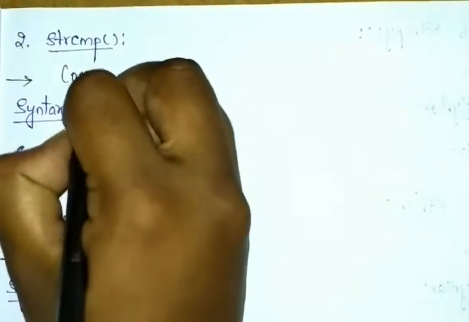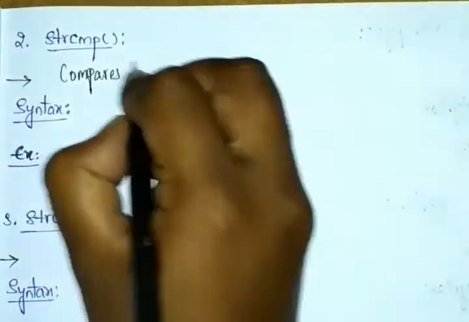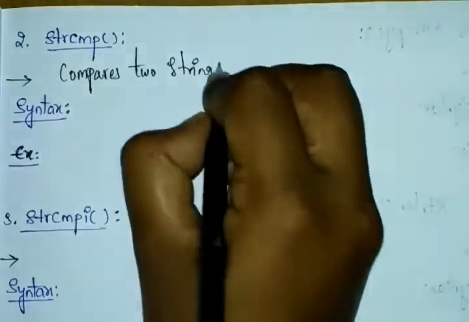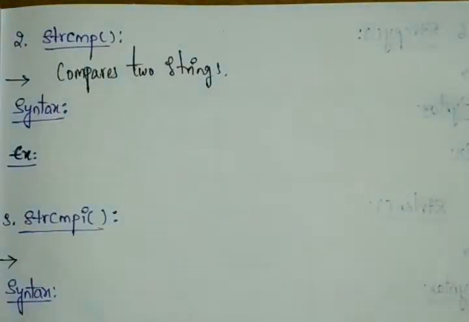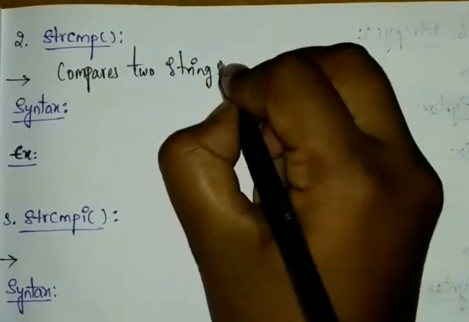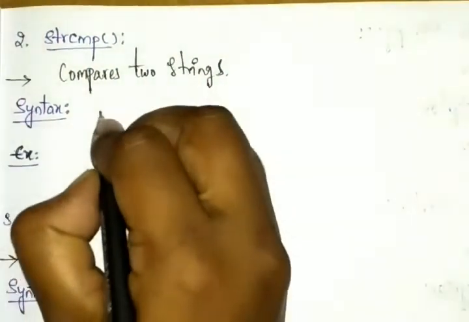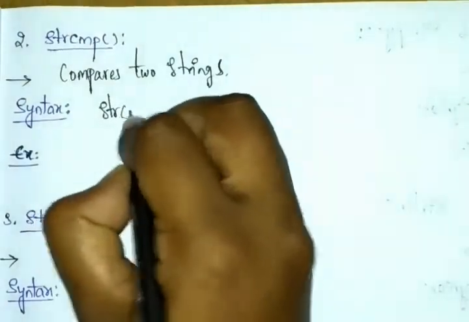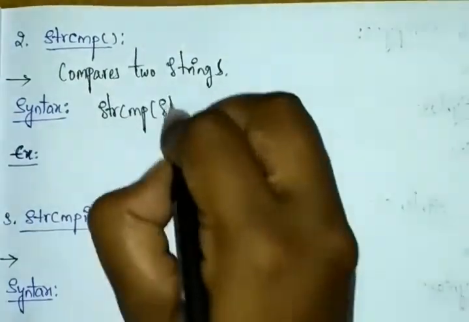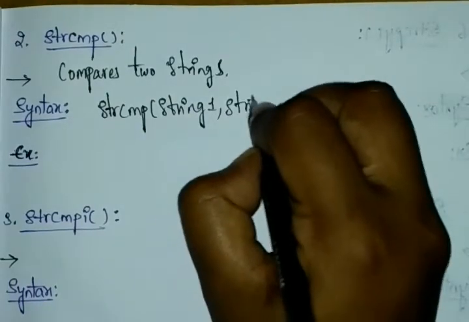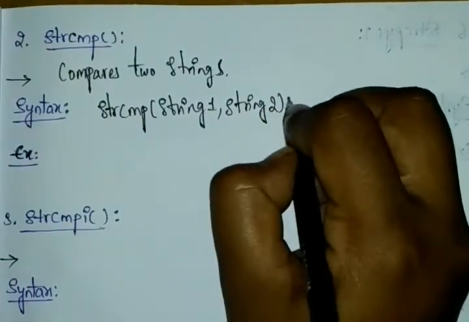Directly, you can take the syntax for this: strcmp(string1, string2). It performs the comparison of the two strings, so now we need to take two strings here.